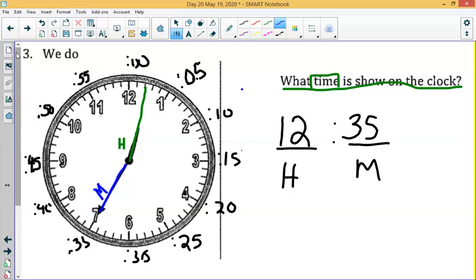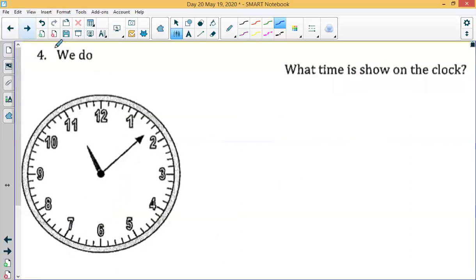All right, let's move to your next one. It is also a we do. It says again what time is shown on the clock. So again, we have to tell what time it is.